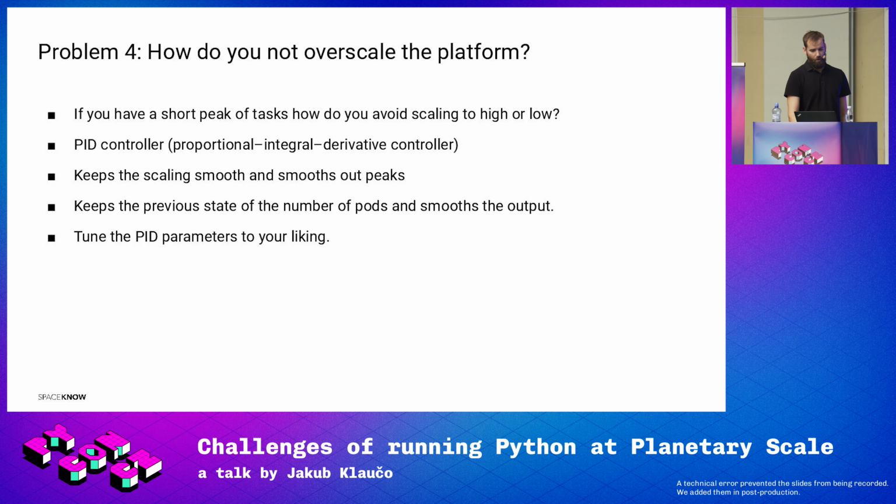So, well, now you can scale up and down, which is great. However, imagine that you received a huge task. So let's say we have 10,000 tasks waiting in the queue, and each task takes approximately 20 seconds to process.